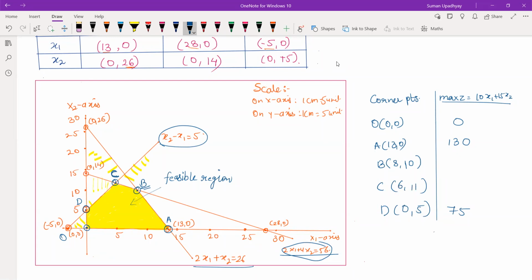All right. So हमें सारे coordinates मिल गए ना, you have to put it in this. So B के लिए हमारा Z का वैल्यू कितना आएगा, 10 into 8 plus 15 into 10 is how much? 80 plus 150, so 230 होता है ये। And for C, 10 into 6 plus 15 into 11 कितना होगा ये, 165 plus 60.